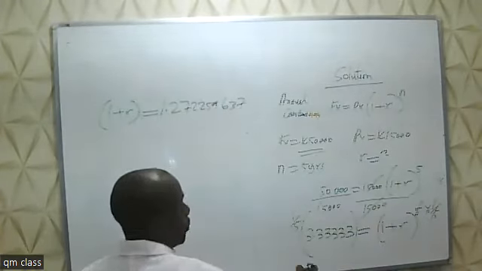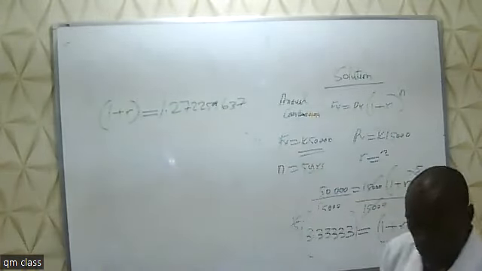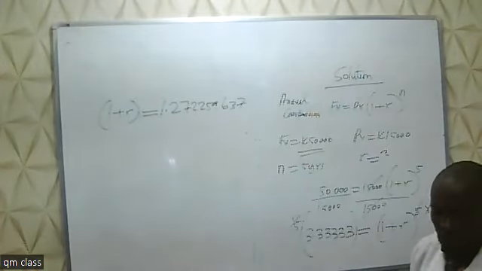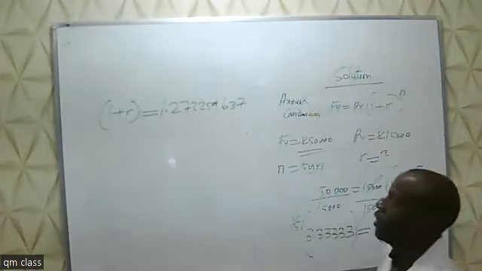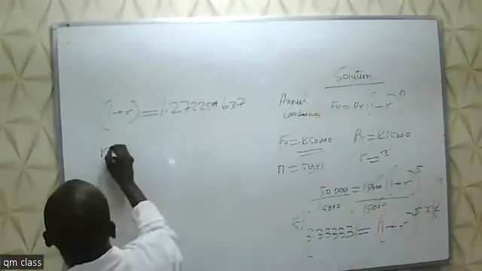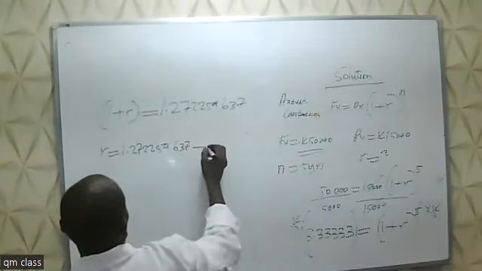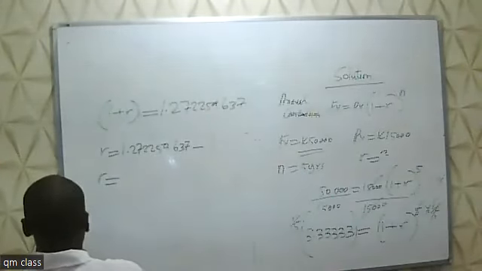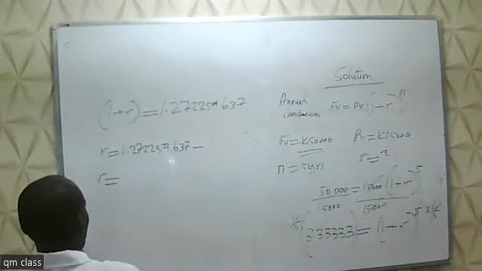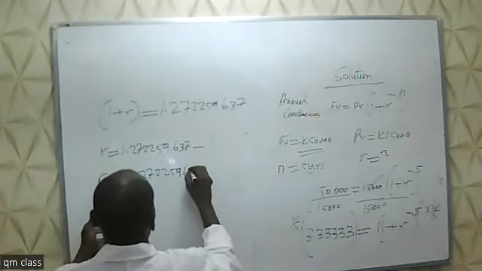So it's 1.27225963. This one is the same as the 1/5, the same as the 0.2. 1 divided by 5, the same as 0.2 here. So meaning our r here is equal to 1.27225963 minus 1, which you are getting is 0.27225963.